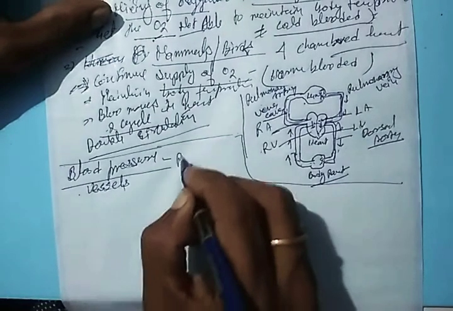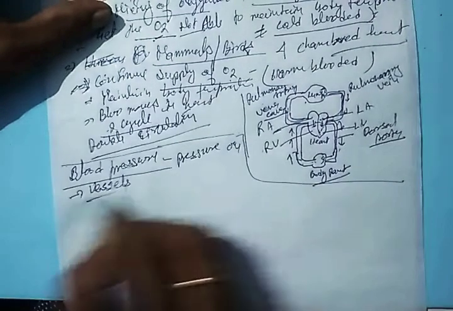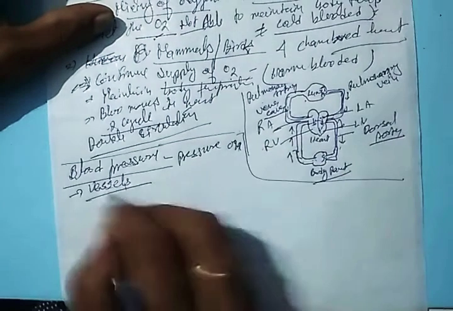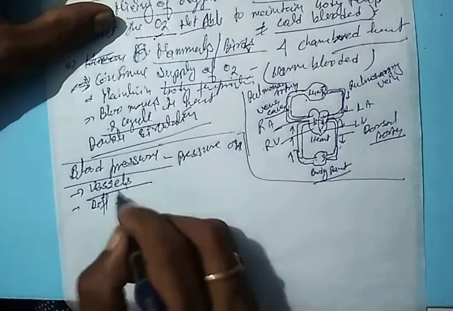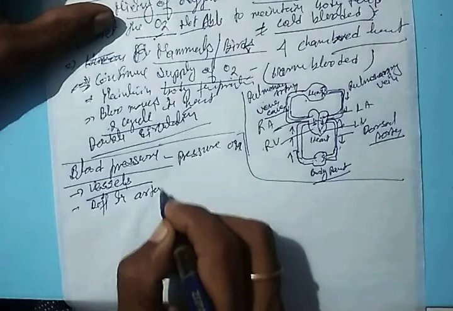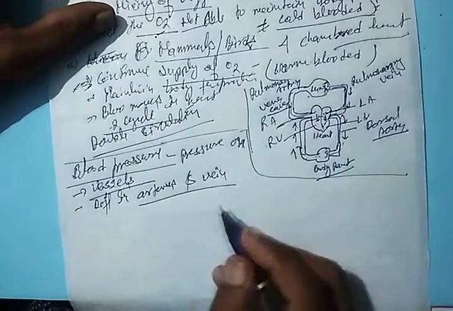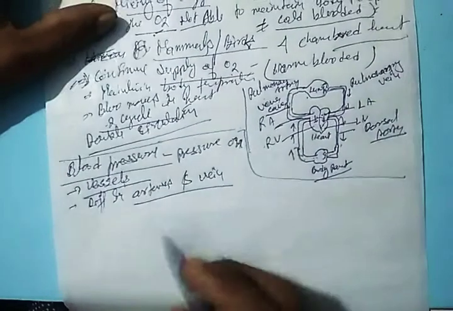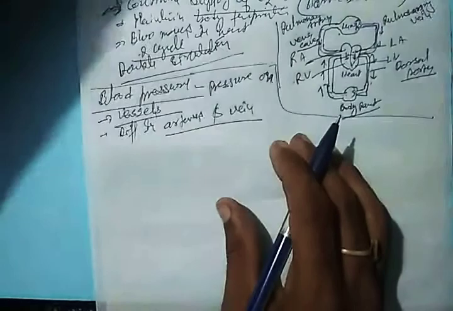It is different in arteries and veins. How is it different? And what are the steps, what is the process of blood pressure, and how do we calculate it?